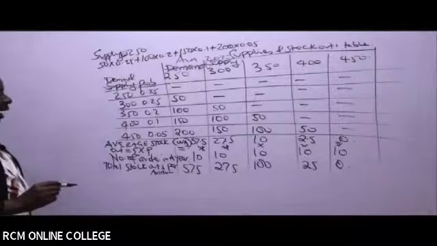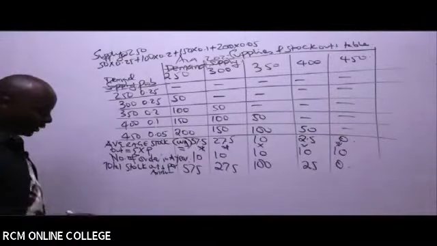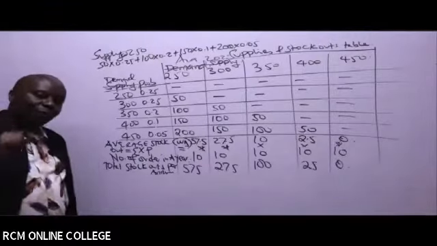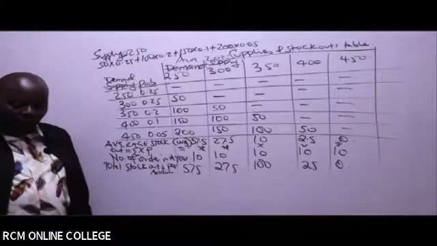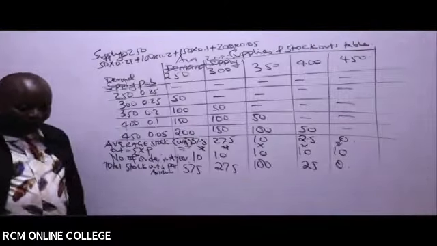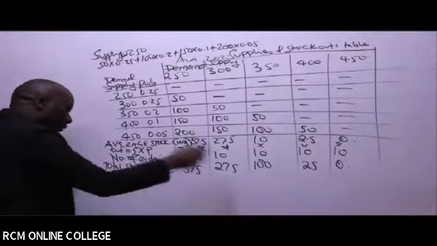Ladies and gentlemen, have they given us the stock out cost per unit? For every customer we disappoint, how much do we lose? Has this examiner given me anything to do with stock out cost per unit? So come here and convert this to stock out cost.